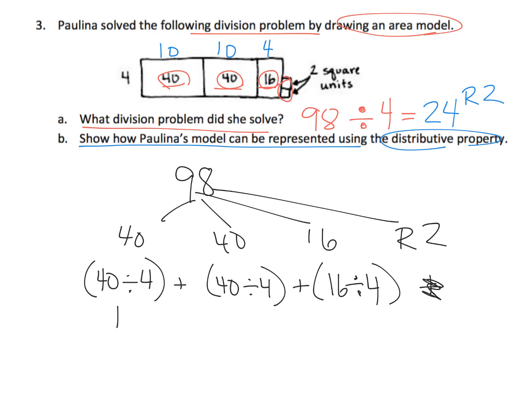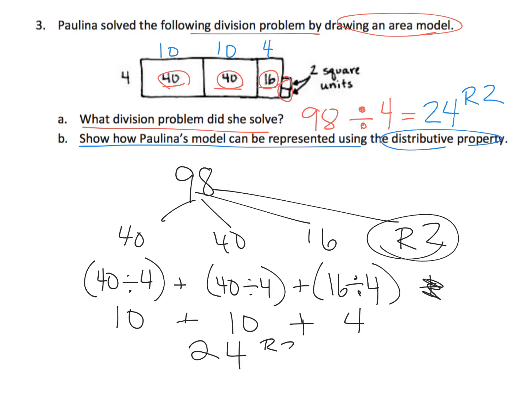And then we have 10 plus 10 plus 4. So here's our 24, and then here is our remainder 2.